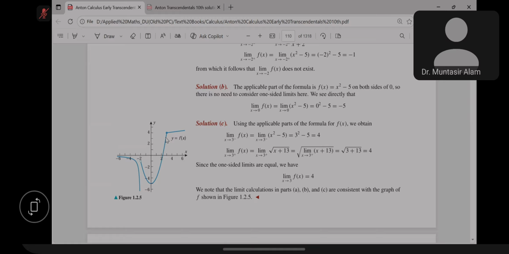If you can sketch the piecewise function properly, then your answer is very much easier from the graph. You can find your answer from the graph directly. Now tell me from the graph, at -2, does the limit exist?